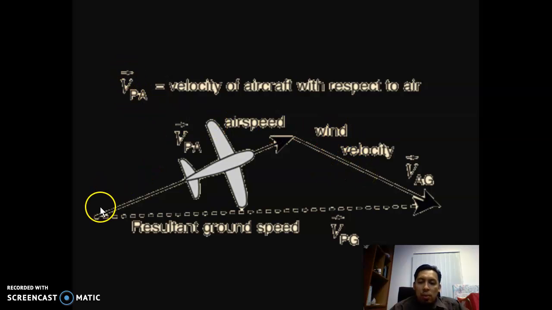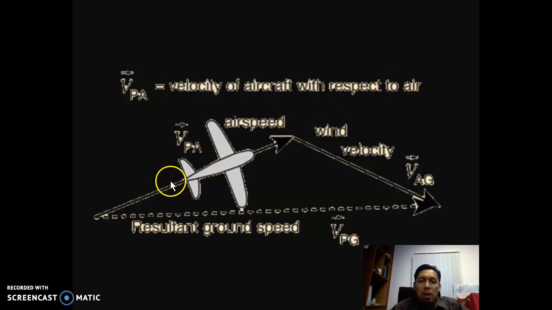Just imagine that while the aeroplane tries to move this way, the wind is also blowing it this way, which makes the movement of the aeroplane not just a straight line like this.